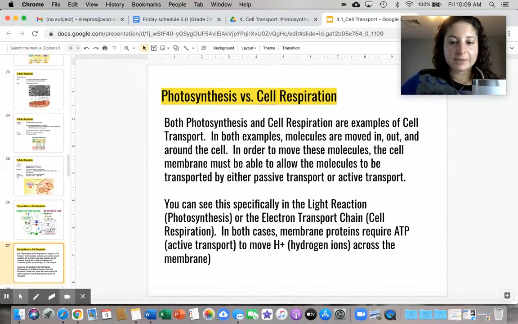You can see this specifically in the light reaction of photosynthesis or the electron transport chain of cell respiration. In both cases, membrane proteins require ATP, so we're using active transport to move hydrogen ions across the cell membrane.